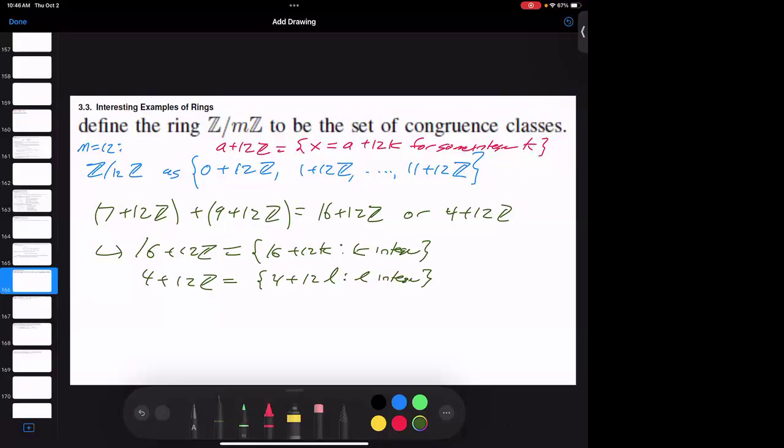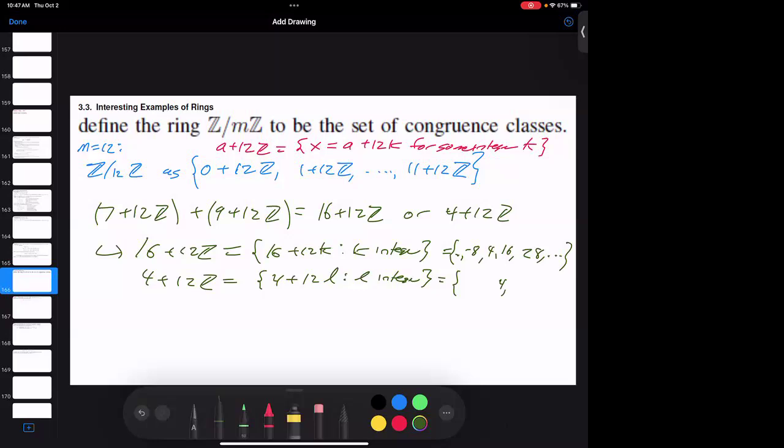If you look at the first one, when k equals 0, you get 16. When k equals 1, you get 28. If k equals -1, you get 4. If k equals -2, you get -8. Whereas if I look at 4 plus 12l, if l equals 0, I get 4.